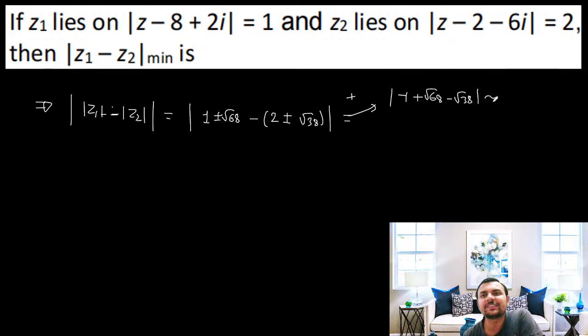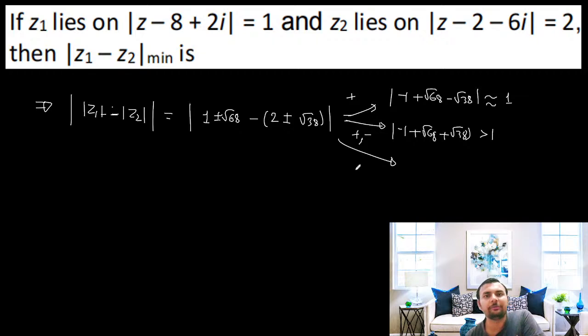So this is somewhere near to, this is 8, this is 6, so 8 minus 7, near to 1. When we take first plus and second minus, this is minus 1 root 68, minus root 38. So this is more than 1.